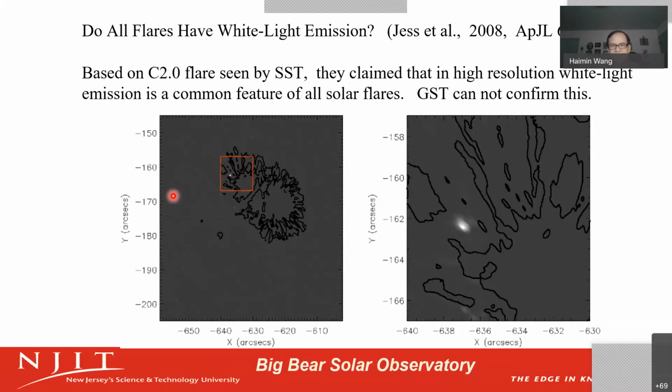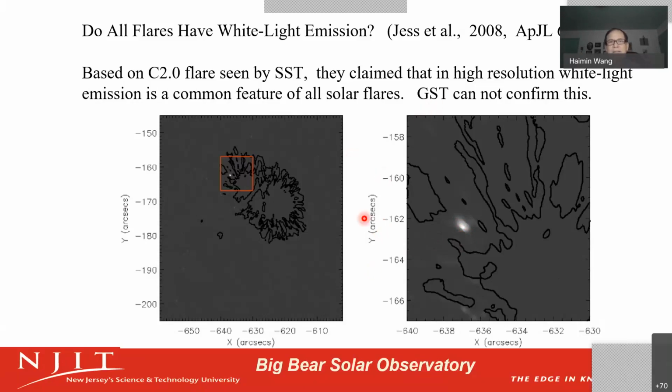As you can see, they magnify from left to right, and the size of the flare kernel is around half an arcsecond. With a 1 meter telescope, it achieved sub-arcsecond resolution, obviously. Their contrast is 300%, so it's a very bright kernel.